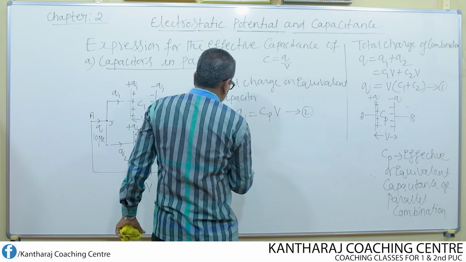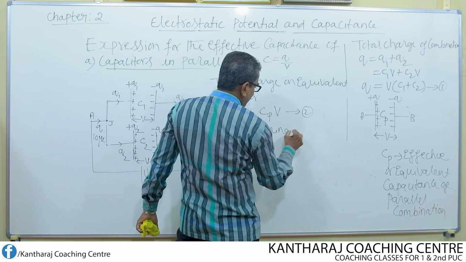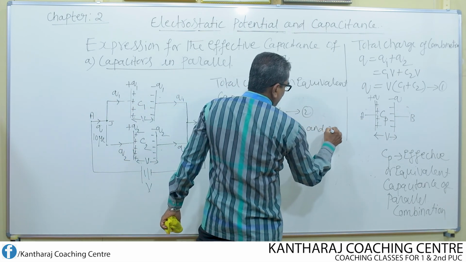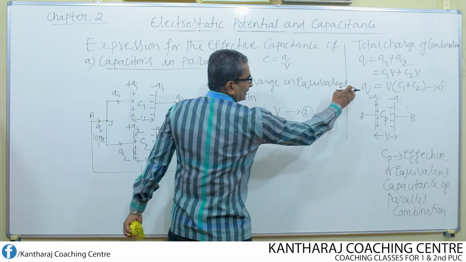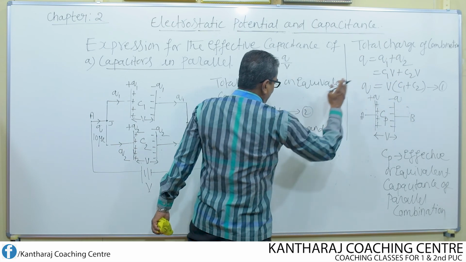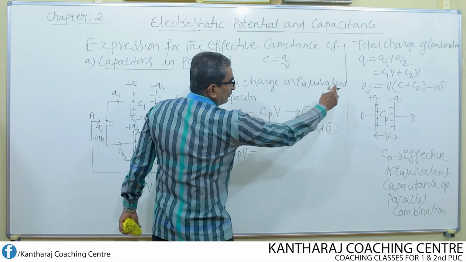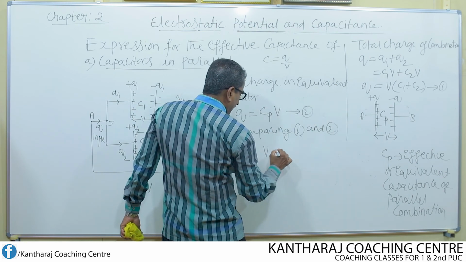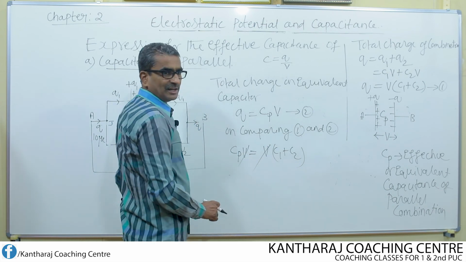On comparing 1 and 2, we get the left hand side the same, Q and Q. The right hand side of this must be equal to the right hand side of this. So, Cp into V equal to V into (C1 plus C2). V and V get cancelled.